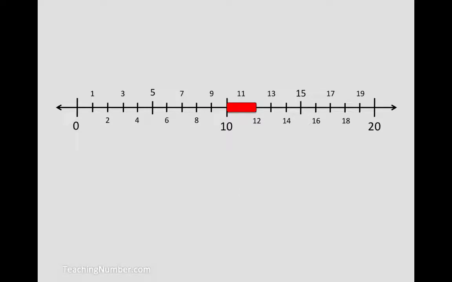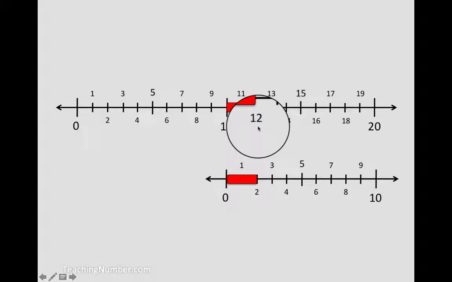Distance can also be a little bit confusing once we get past 10. However, if we remember that there is a 10 in 10, and there is also a 10 in 12, we can see that the distance between 10 and 12 is the same as the distance between 0 and 2.